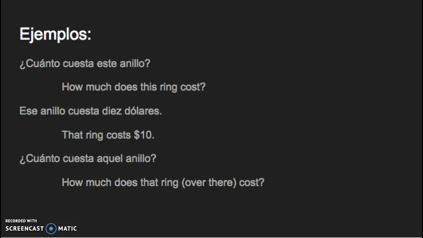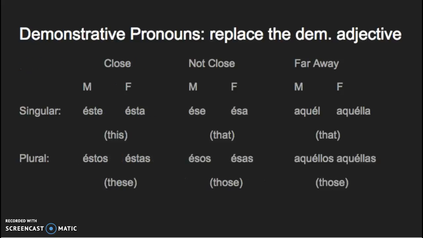The demonstrative pronouns are pronounced exactly the same way as the demonstrative adjectives, only these carry a written accent. Este, esta, estos, and estas.